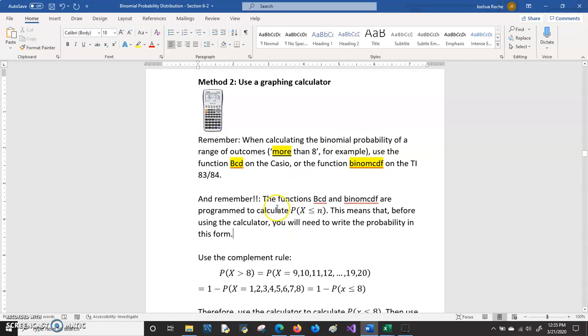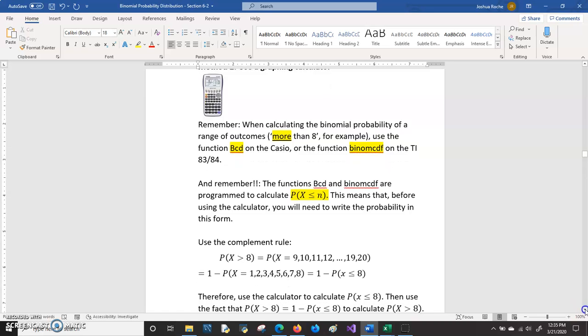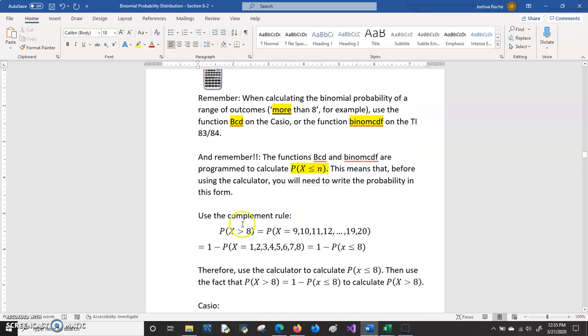And also, it's good to remember that these functions assume that you want to calculate the probability of x is less than some number. And that means that for these ones, you'll need to first rewrite the problem.